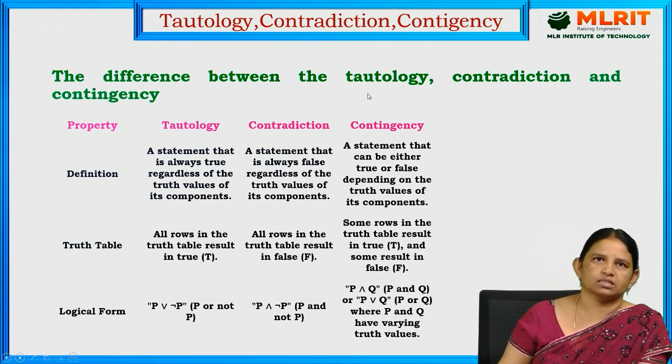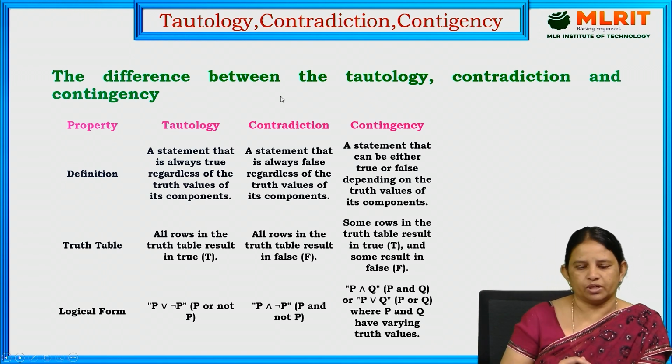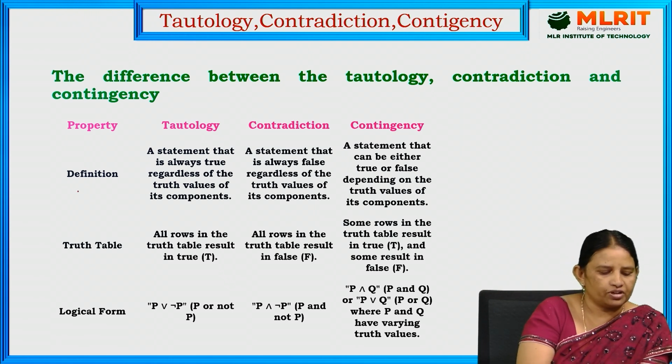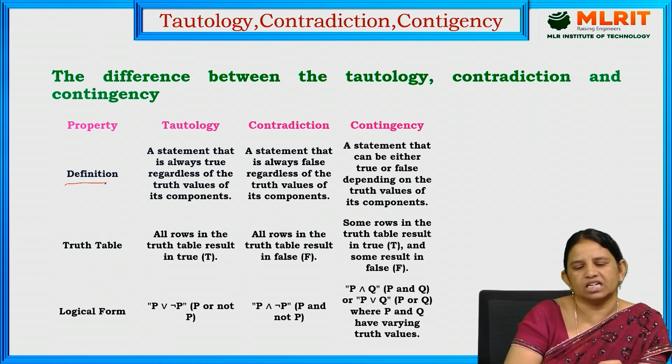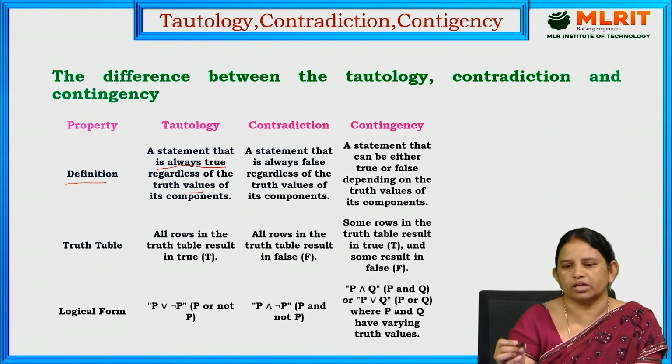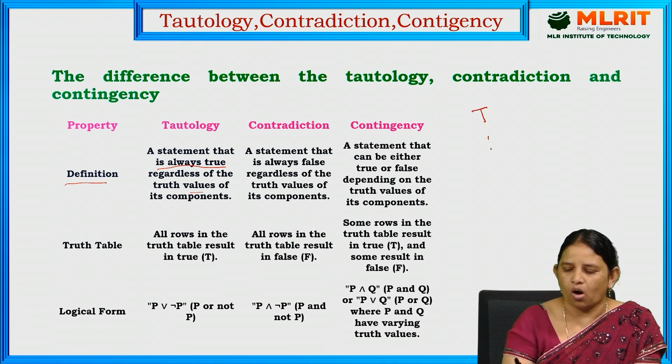Now, let us discuss the differences between tautology, contradiction and contingency. So, first one is the definition. What is the definition of tautology? A statement that is always true regardless of the truth values. The truth values may be true or false, but the final column of the truth table is true.